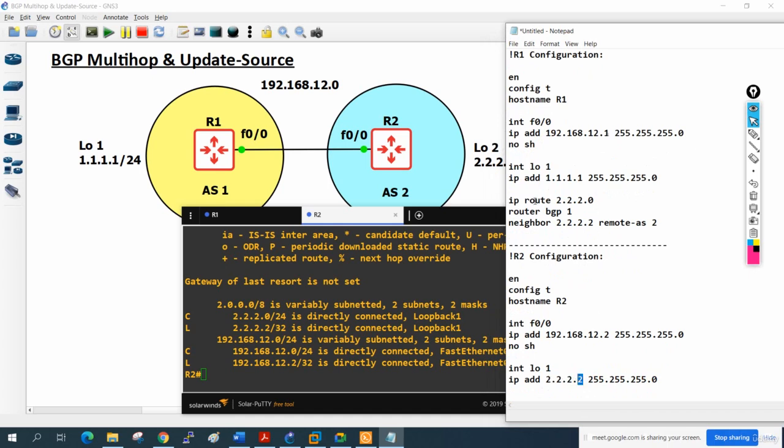So I write ip route, then the network ID, then the subnet mask, then our next hop.